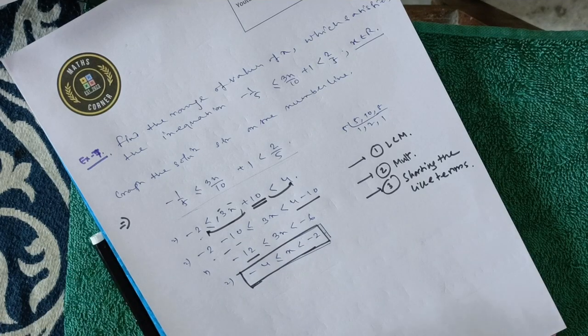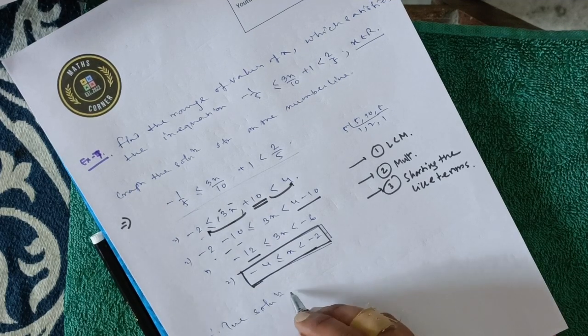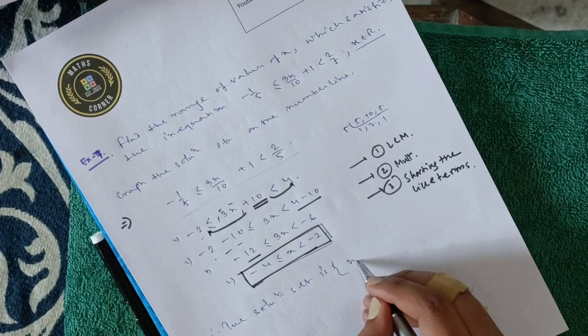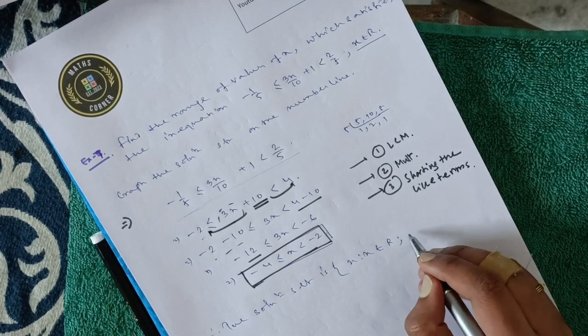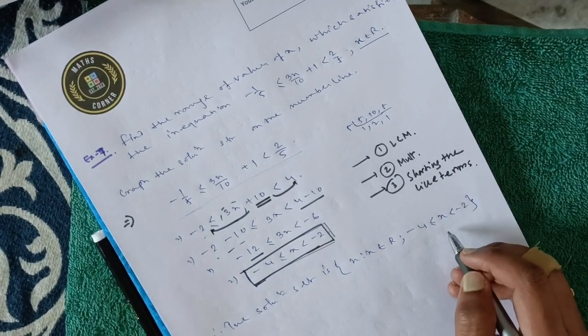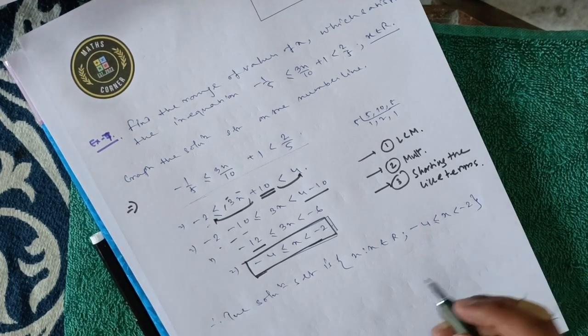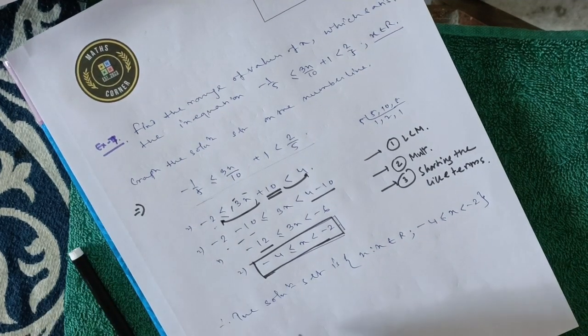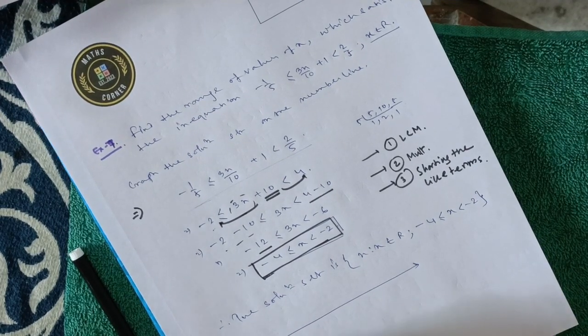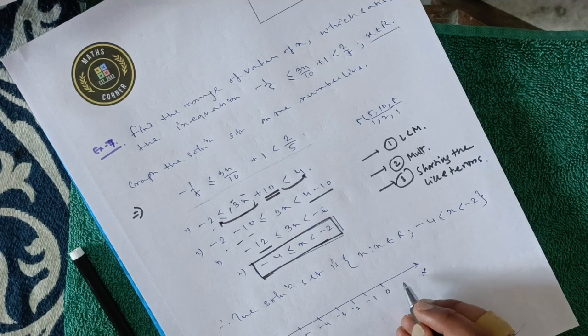So now representing, therefore, the solution set is x such that x belongs to R, x greater than or equal to minus 4 and x less than minus 2. And so here is the set, x, and minus 5, minus 4, minus 3, minus 2, minus 1, 0, 1.